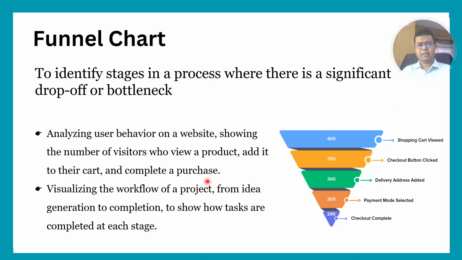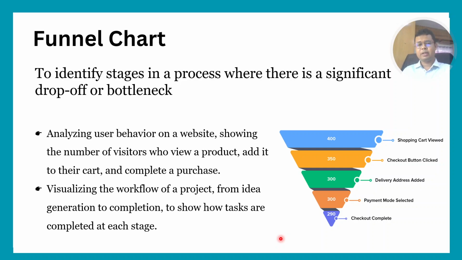To identify stages in a process where there is a significant drop off or bottleneck. For example, I am operating an e-commerce business and I posted a product's advertisement, right? Or posted a product for sale on my website.